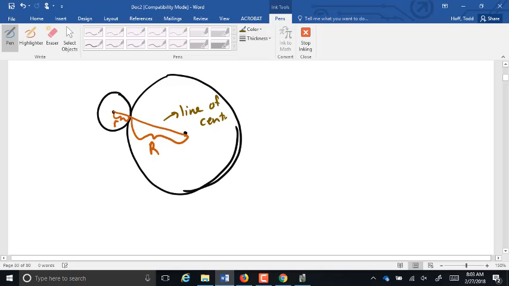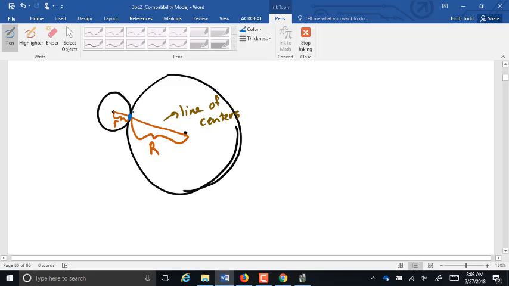Not a big necessary vocabulary term. But one thing you need to know is that it must go through that point of tangency. That line of centers is the shortest distance from the center of one circle to the other. The only way it can be the shortest distance is if it goes through that point where the two circles touch.